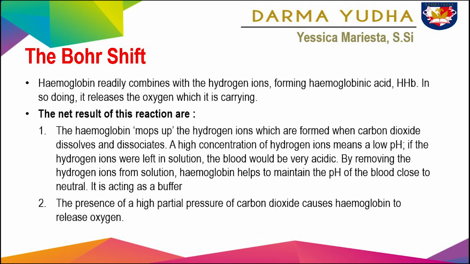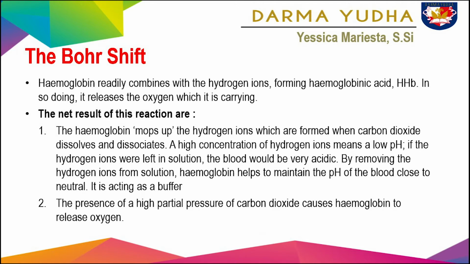If a dissociation curve is drawn for hemoglobin at a high partial pressure of carbon dioxide, it looks like the lower curve shown on the previous graph. At each partial pressure of oxygen, the hemoglobin is less saturated than it would be at a low partial pressure of carbon dioxide.